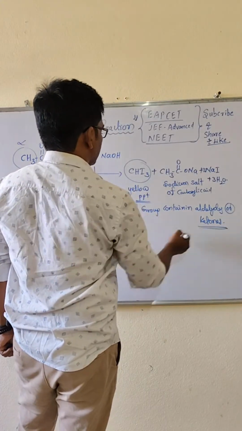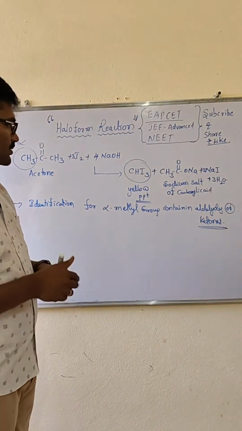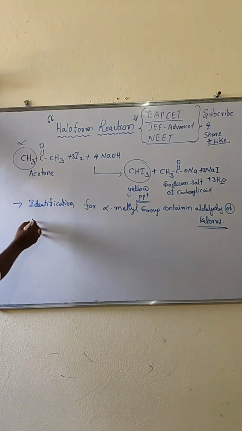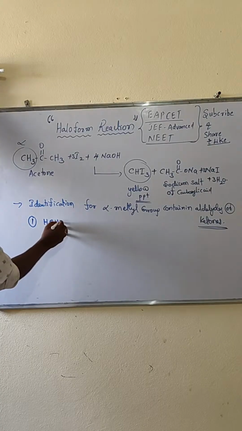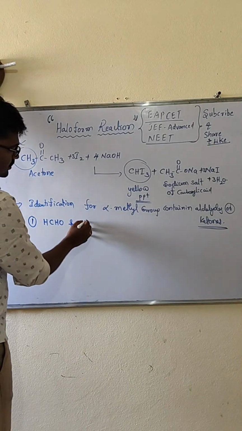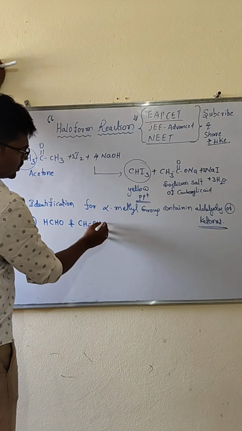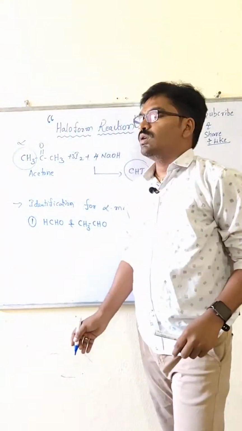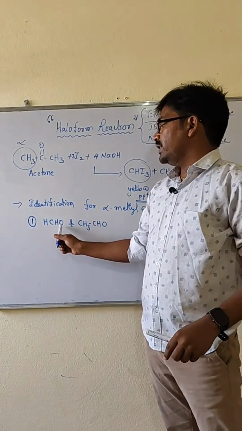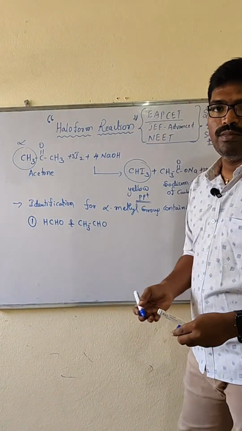For example, HCHO and CH3CHO: they may ask a question to distinguish between formaldehyde and acetaldehyde.